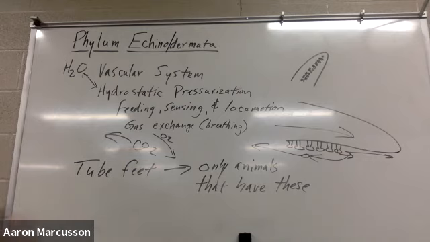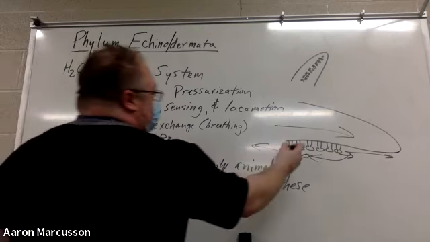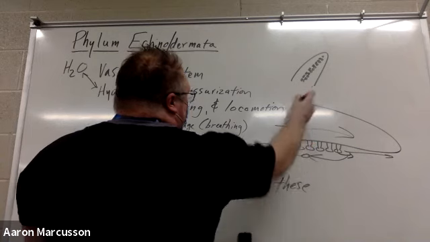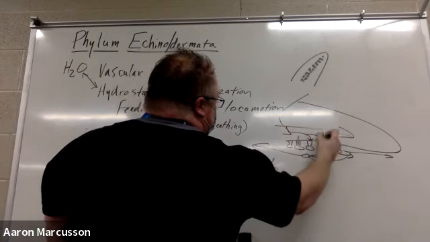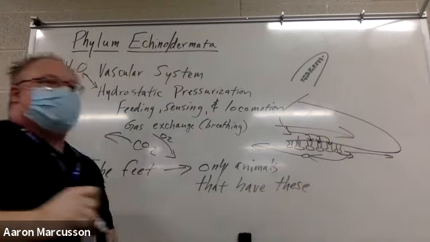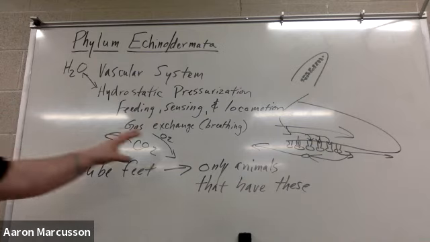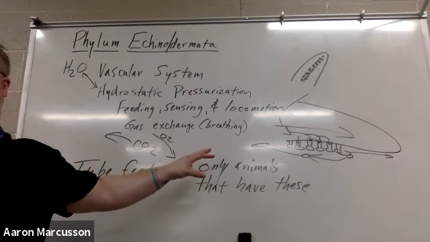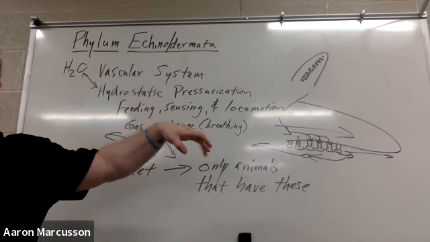What allows them to do this? Well, it is hydrostatic pressurization. If I need to inflate these, I bring water into the animal and force it into these, okay? How many legs do we have? 2, right? How many legs do these have? Hundreds. This is an animal that does not have a brain, yet it can run hundreds of legs all at the same time.